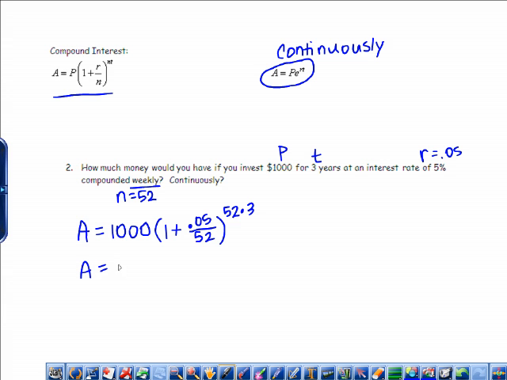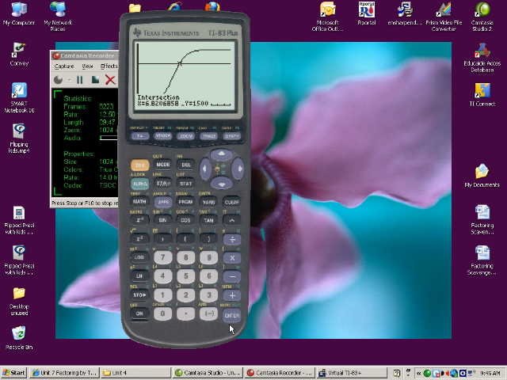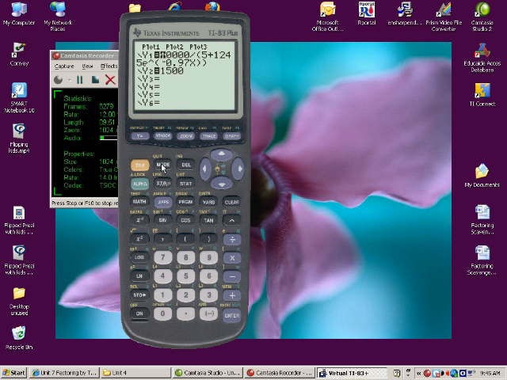Let's figure this out, and on these problems you are going to want to round to 2 decimal places because it is money. We're just going to calculate it here. Now these do get a little bit more difficult when they're not asking for A, but they're asking for P or for R, and we'll work at those as they come along.